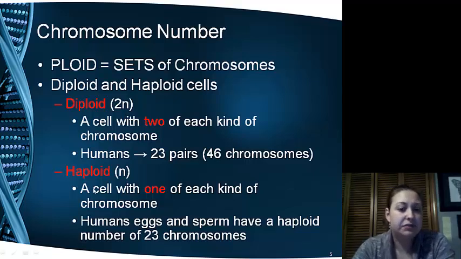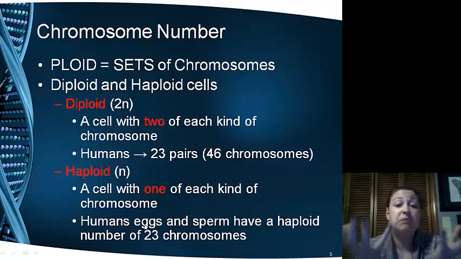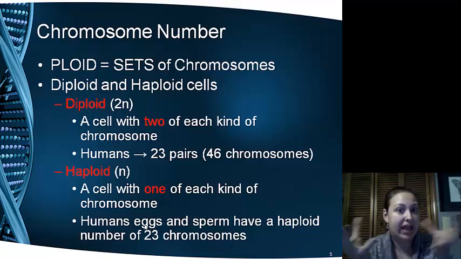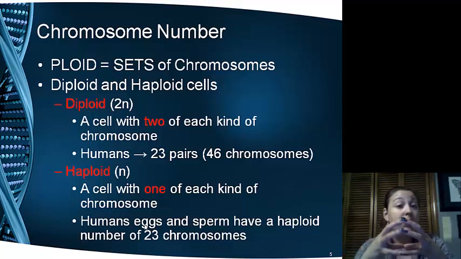In some cells, they are called haploid, or half, which is known as N, small n. It's a cell with 1 of each kind of chromosome. So in the human egg and the human sperm, they are haploid, and they only have 23 chromosomes. When the egg and sperm combine, we can have a zygote that has the correct 46.